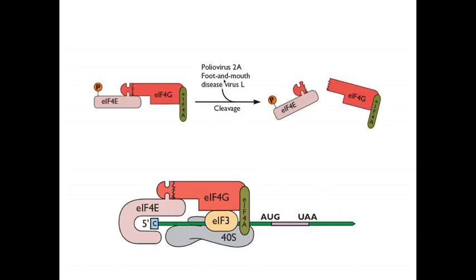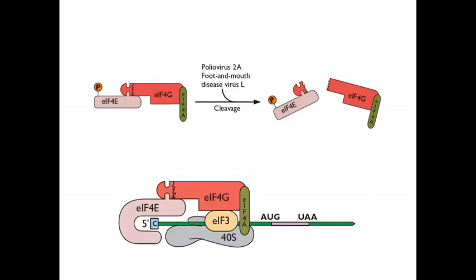Two virus proteases, either 2A in polio or the L protease in other viruses, cleave EIF4G near its N-terminus. And as you can see, that takes away the EIF4E binding site on EIF4G. So capped messages can no longer be translated because you can't get the ribosome to bind, right?